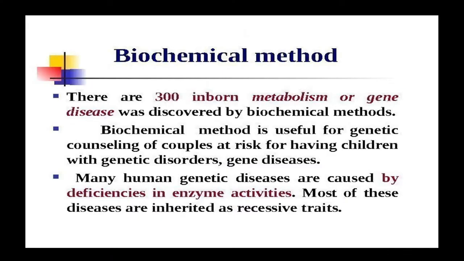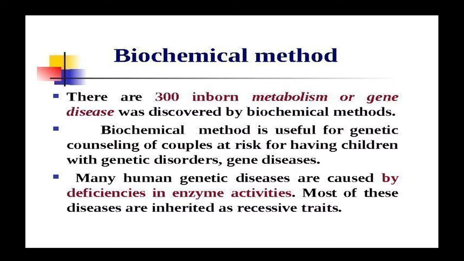So students, the cytogenetic methods are the main methods of human genetics because they are used for diagnosis of different abnormalities in number and structure of chromosomes. So now these methods are used very widely, and with these methods we can diagnose human chromosomal disorders.